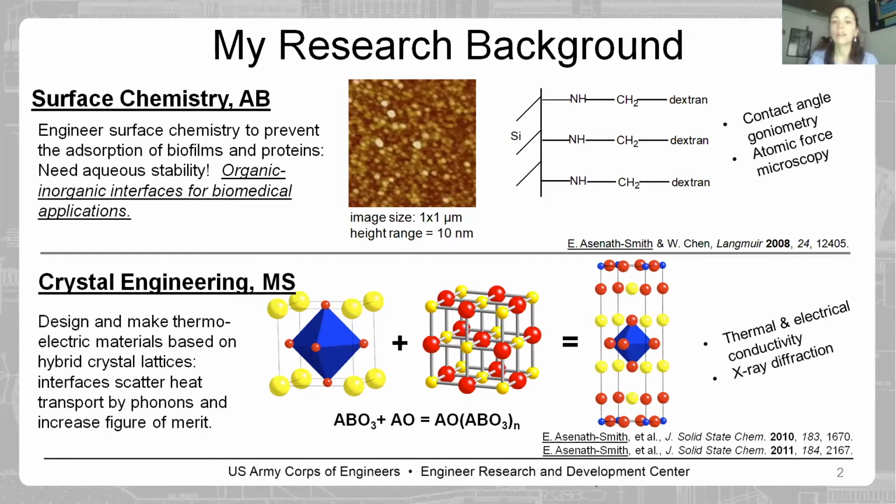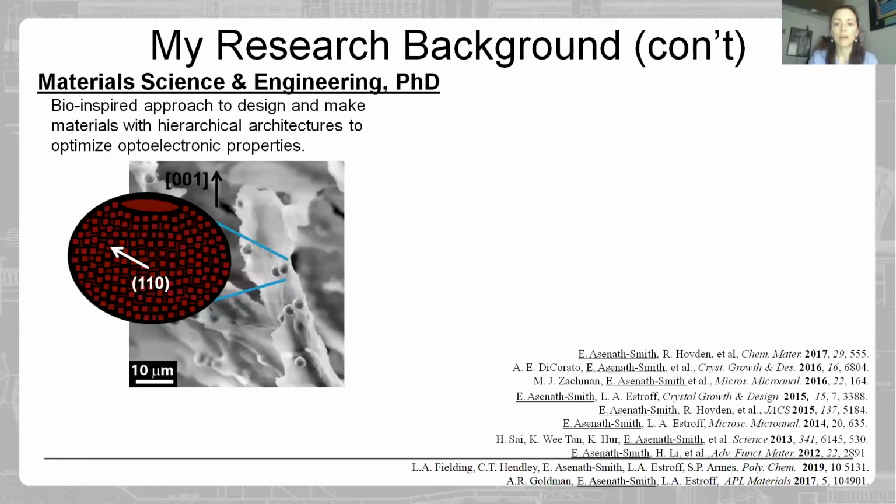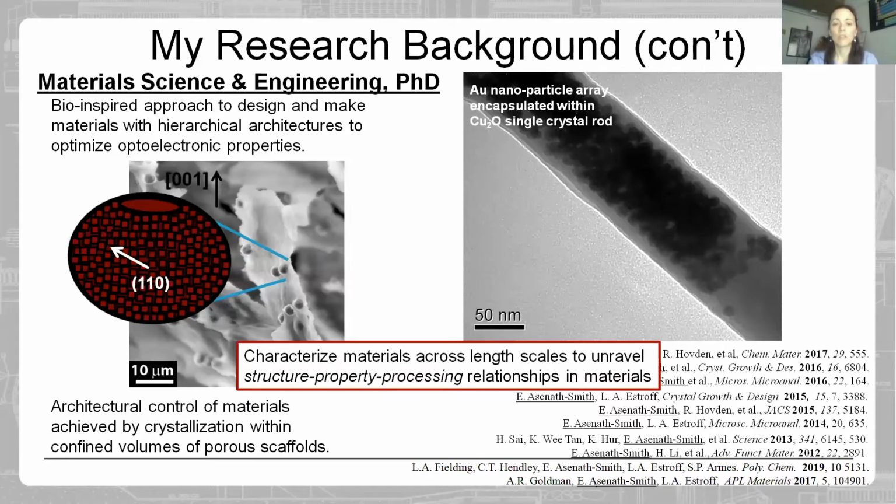I started out with a degree in chemistry, doing a lot of surface chemistry, and progressed into working on hybrid crystal lattice structures. So I've done a lot with crystallization and materials chemistry, ultimately to pull together a bio-inspired dissertation where I was doing crystallization in low temperature aqueous-based systems that were completely based on non-biological materials.